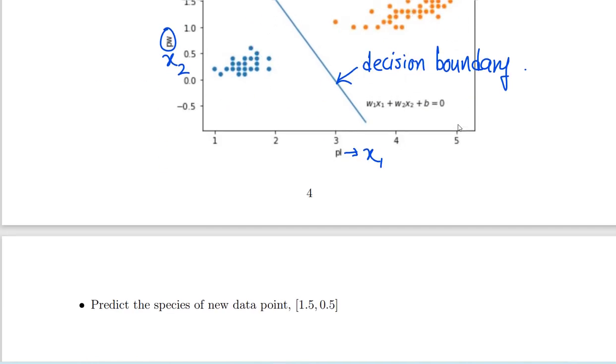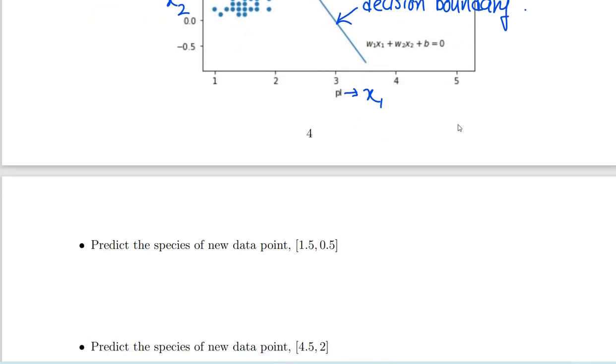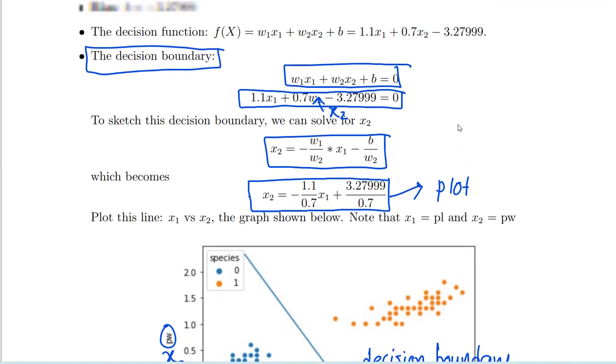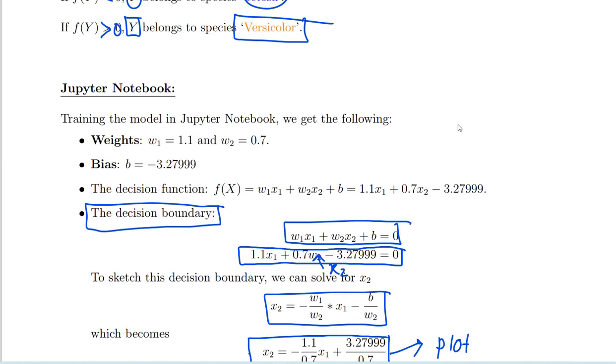Now we want to make a prediction by hand, by manual calculation, right? Because we have the decision function. The decision function f of x is right over here.